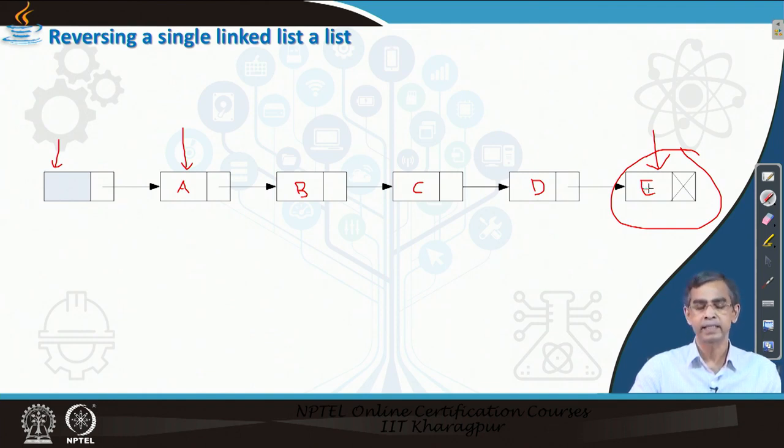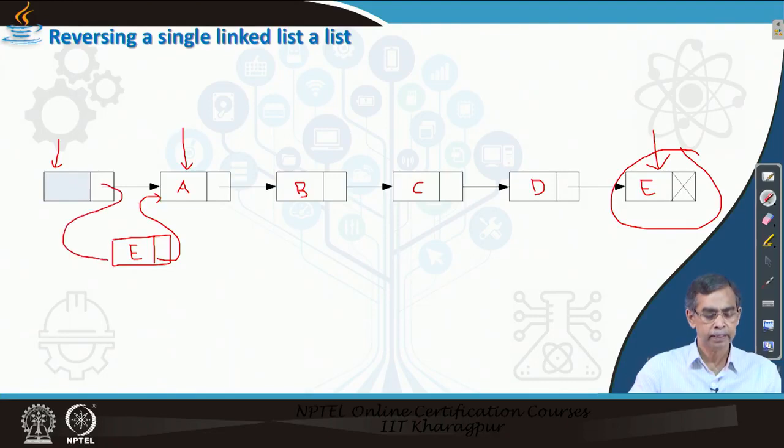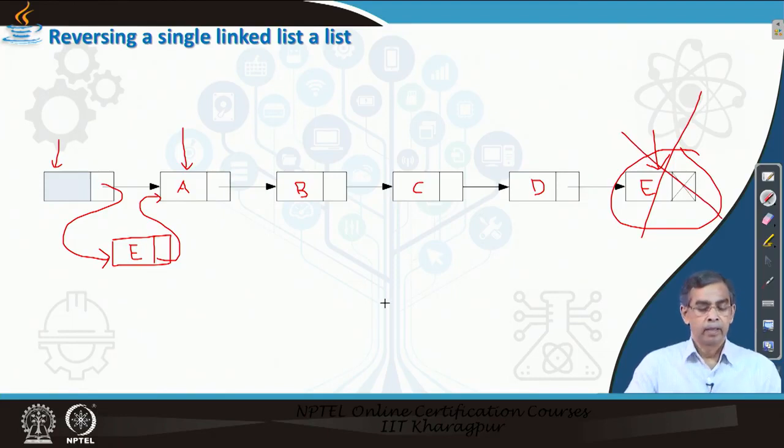Then what we should do is, just before this current node we have to insert this node. So, we can get a node, make a copy of this node E, and then insert it at this point, and then delete the original. Okay, fine. So, this is done.